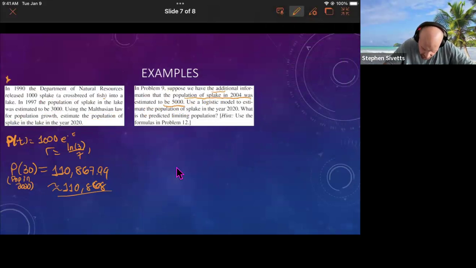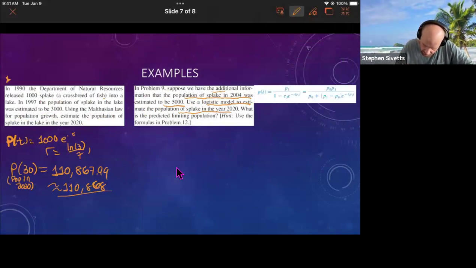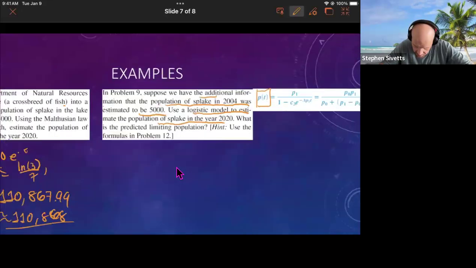And then you're going to use a logistic model to estimate the population of the splake in 2020. You're going to use the formulas in problem 12 in the textbook. So this is just another way to express a logistic differential equation, right?